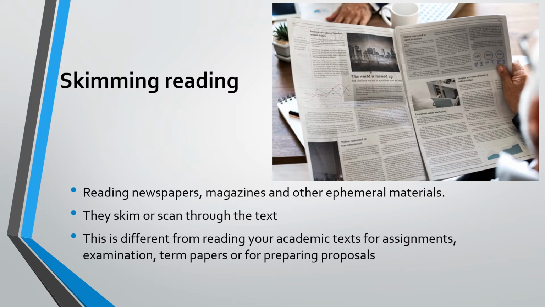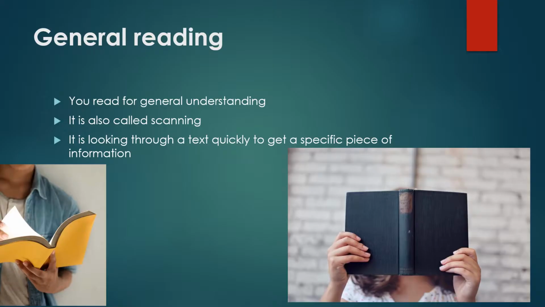When you read newspapers, magazines, and other ephemeral materials, this is described as skimming reading. That means you skim, you scan through the text. This is different from reading your academic materials for assignments, examinations, term papers, or for preparing proposals.